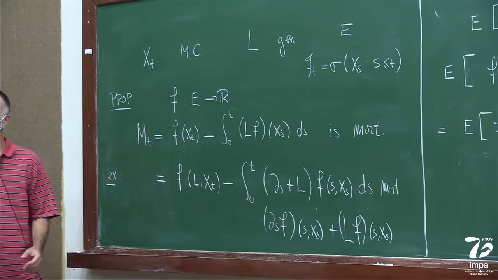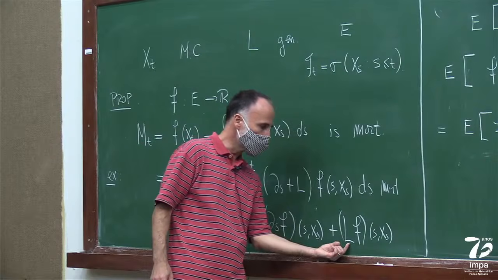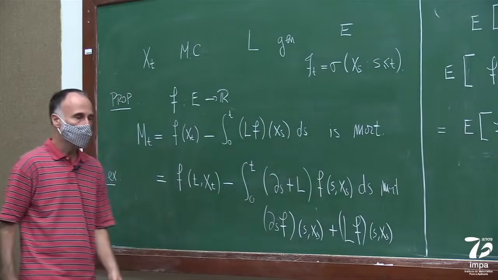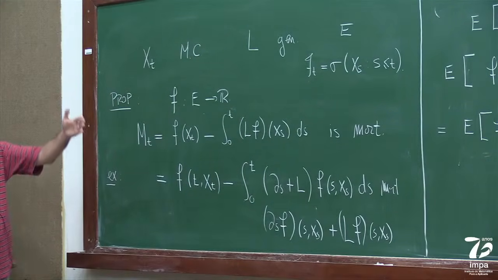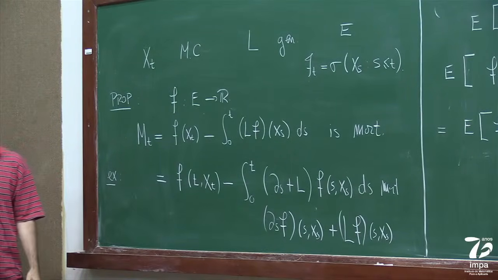Okay. So time is fixed, it's a function of position, and you're computing the generator applied to this function. And I say that with the same proof, you can show that this is a martingale.